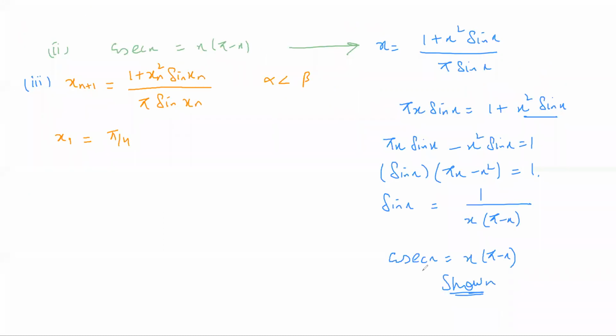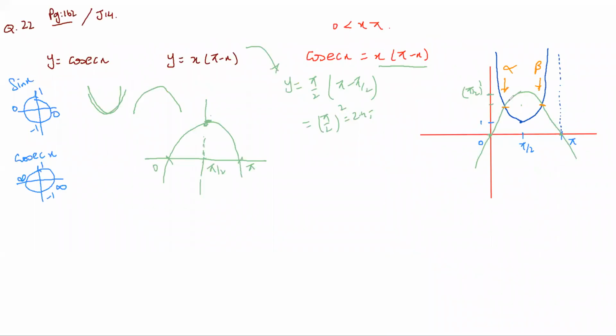Sir, can you explain this again? I was saying that when I have to find this alpha, I need an initial value for that iterative process. I'm just guessing that if this is pi by 2 and this is 0, you have pi by 4 over here. So I can take pi by 4 as my x1.